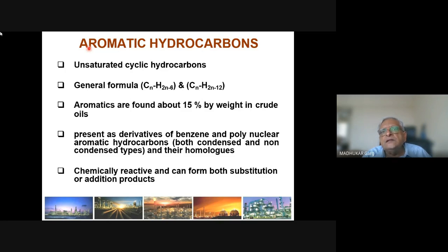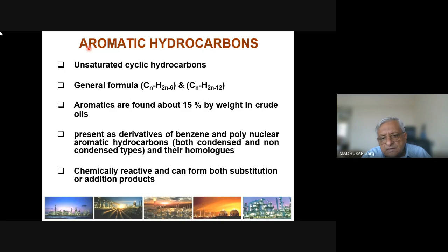For example, the entire polyester that is produced in the world comes from aromatics. You take paraxylene and oxidize it to make purified terephthalic acid, and then you do condensation polymerization with monoethylene glycol, form the ester, and then polymerize that to make polyester.